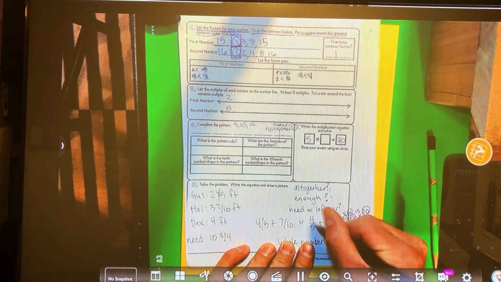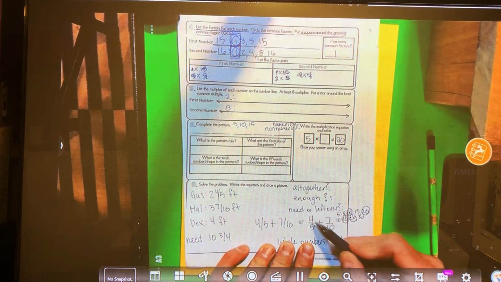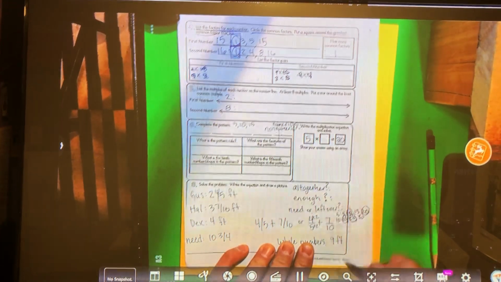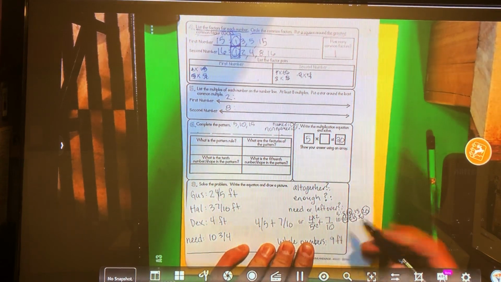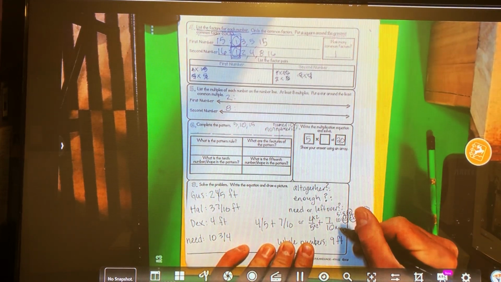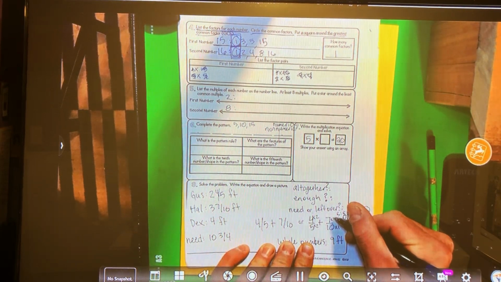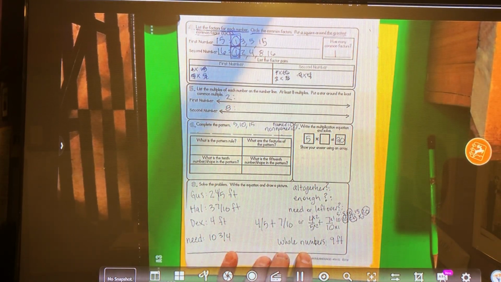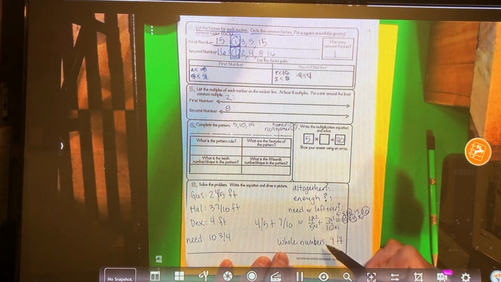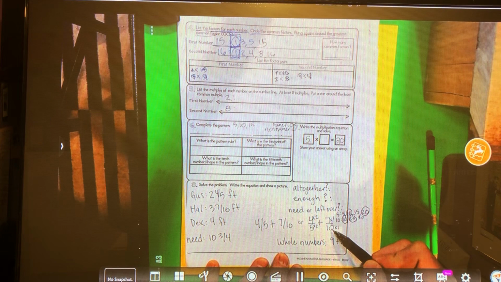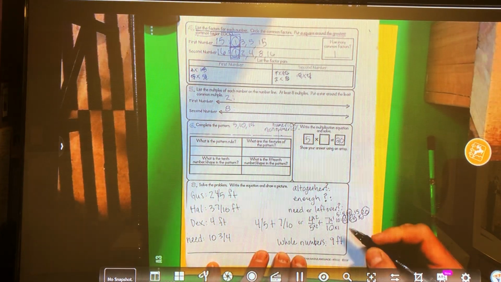Multiply it by 2, right? And what you do to the bottom, you have to do to the top. What do you do to 10 to make 10? You multiply it by 1. What you do to the bottom, you have to do to the top. So now we have a common denominator, and that common denominator is going to be 10.